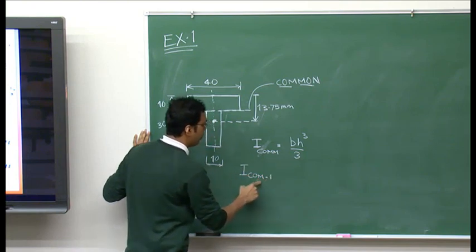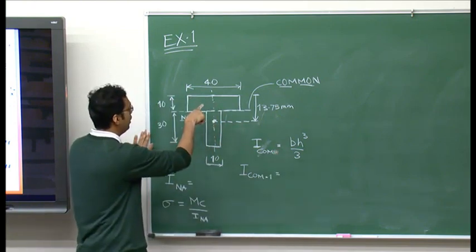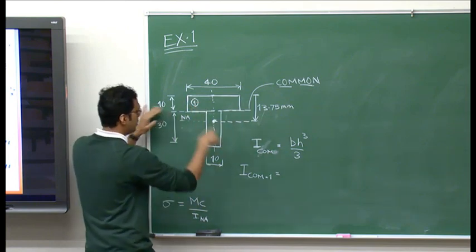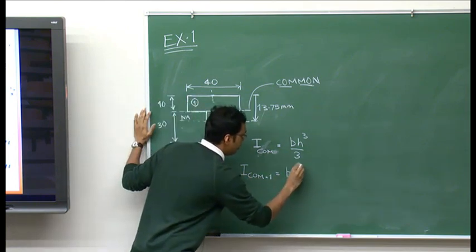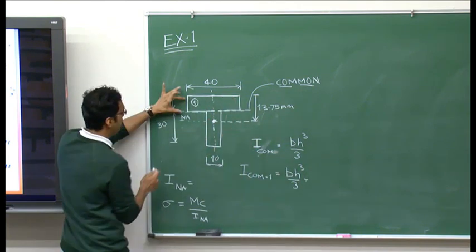I_COM1 is the moment of inertia of the upper rectangle, let's denote this by 1, about its base, which is bh cubed over 3. The breadth is 40, the height is 10.